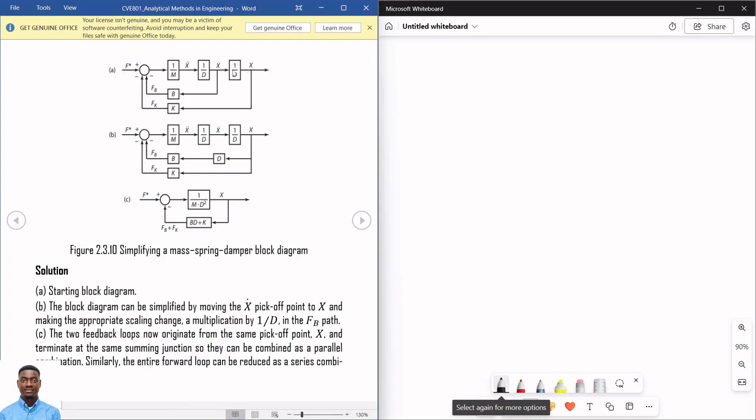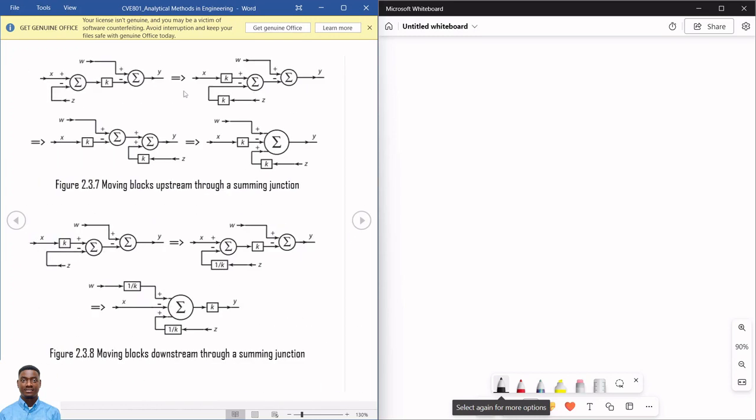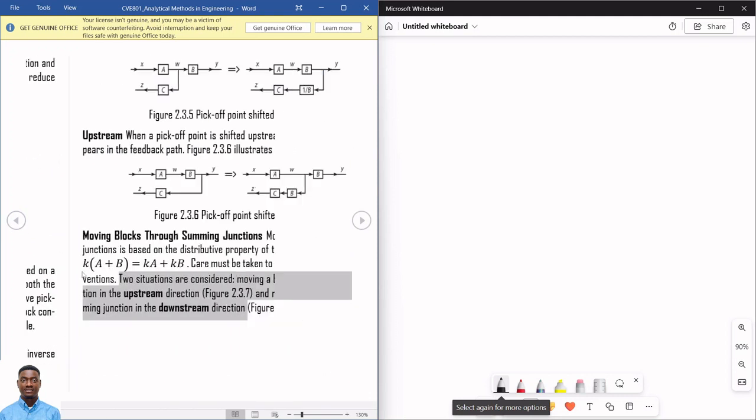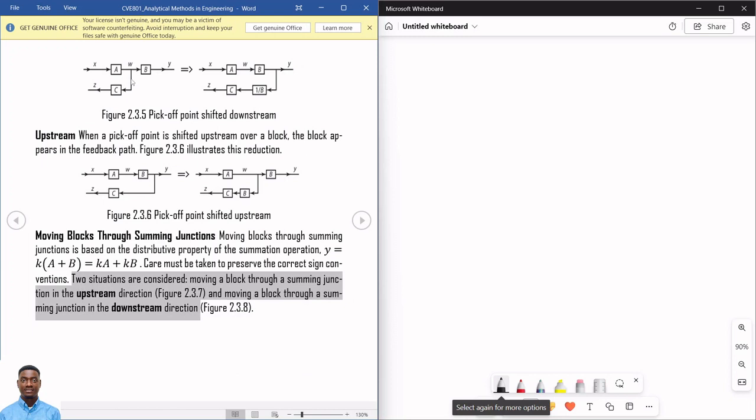And the inverse of the block we moved it over will be on the feedback part. What I'm just saying is what we have discussed before. Moving pick-off points downstream. The inverse of the block we move this pick-off point over will appear on the feedback part of that pick-off point. So when we move this over B, 1 over B appeared here.